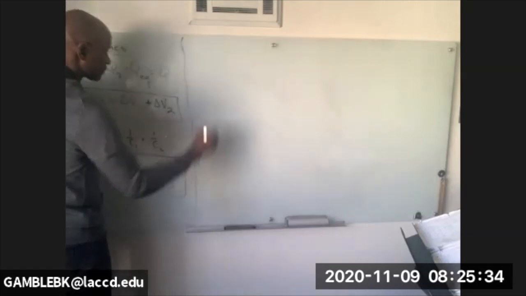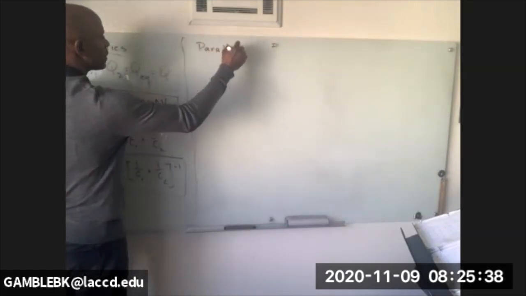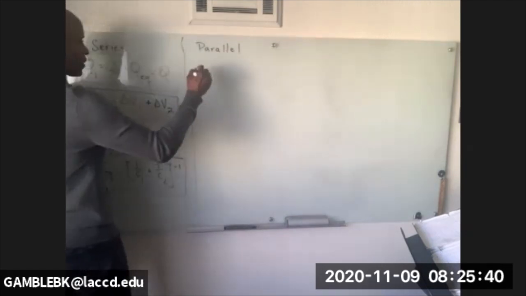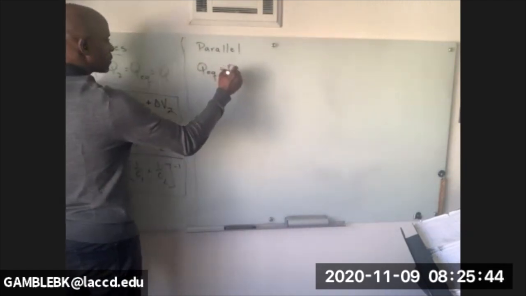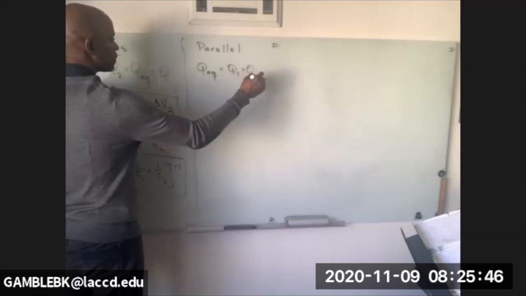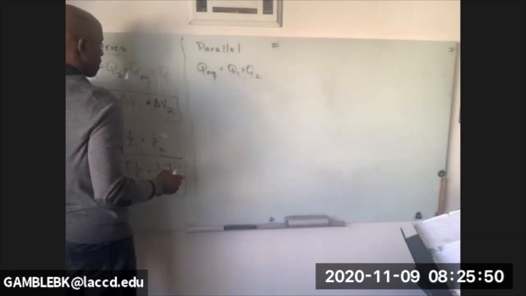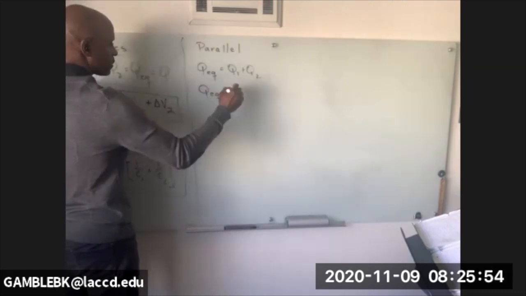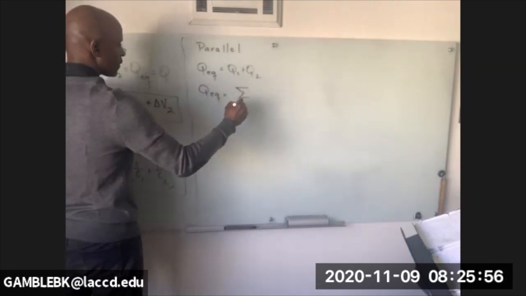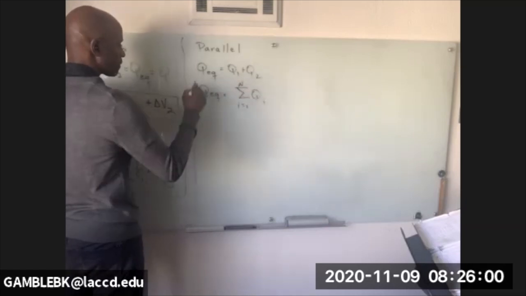And for parallel combinations, the charge adds, so Q equivalent equals Q1 plus Q2. So I guess you could write Q equivalent equals the summation i equals 1 to n of Q sub i's.